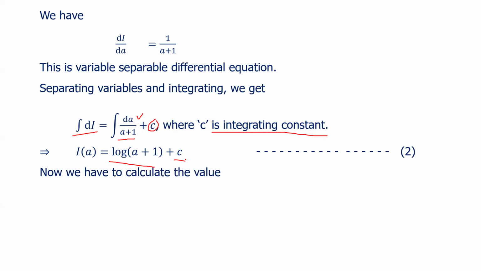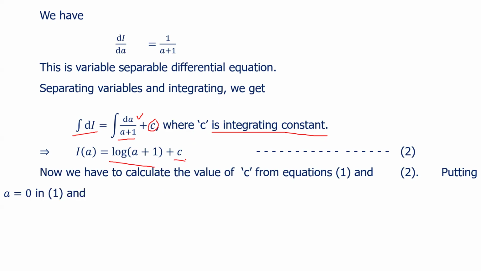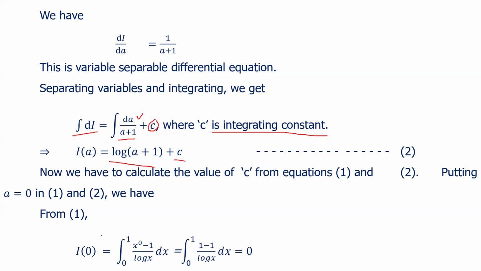Now we have to calculate the value of c from equation number 1 and equation number 2. Putting a equal to 0 in 1 and 2, we have, from equation number 1, I of 0 is equal to the integration of x to the power 0 minus 1 upon log x under the limit 0 to 1 with respect to x.